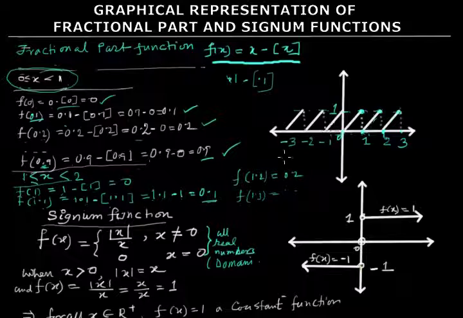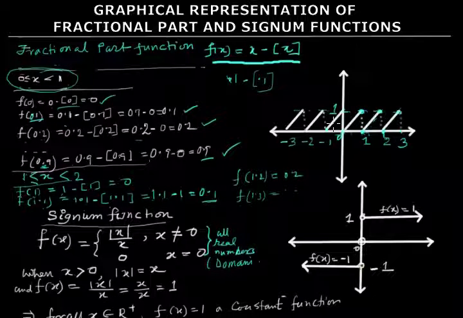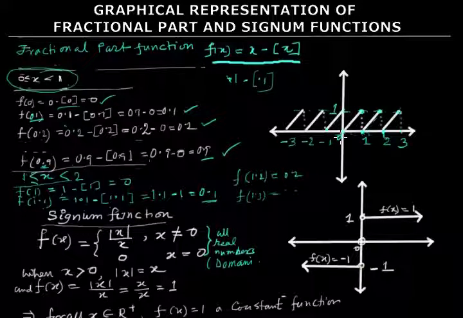Similarly, on the negative side, if you take the range from minus 1 to 0, the value at minus 1 is 0, and then at minus 0.9 it is 0.1, then 0.2, 0.3, proceeding like this, and when it reaches 0 it again drops to 0.